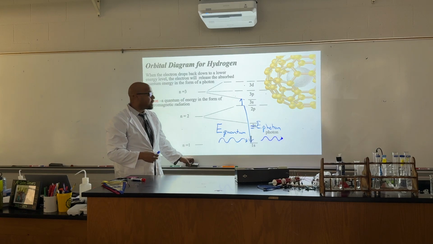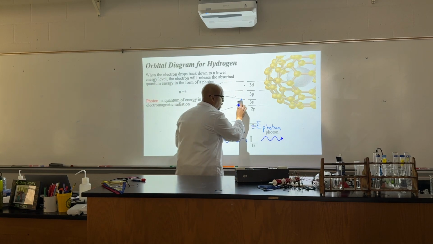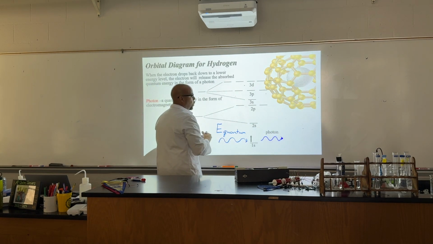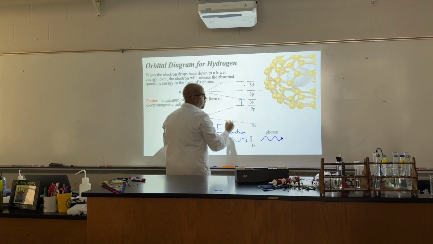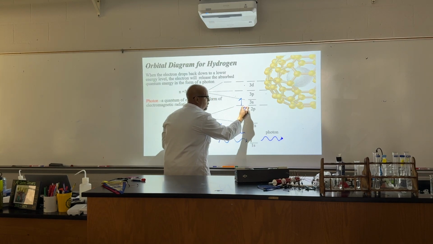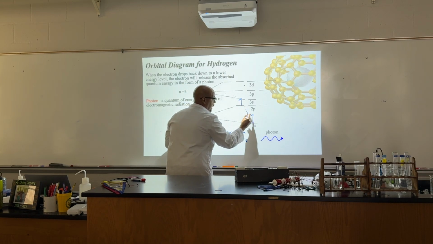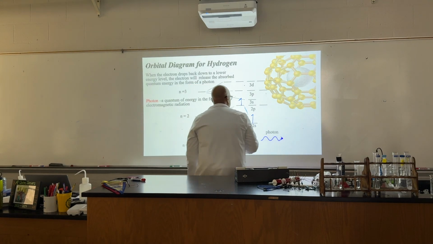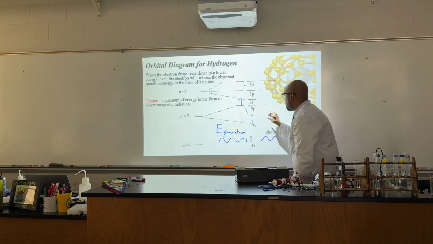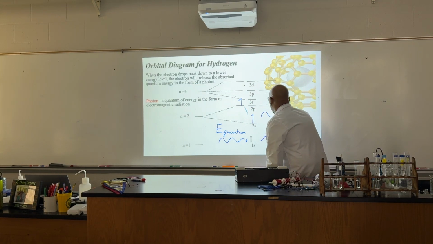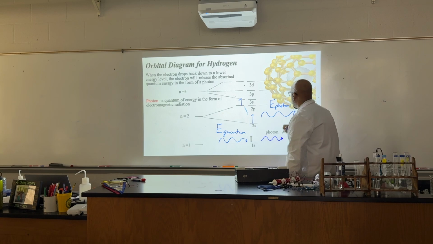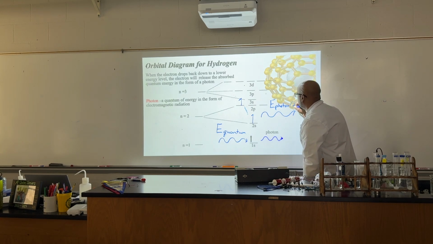But that's not the only way that it can transition itself downwards. If it wants to, it could do something like this right here. It could jump from here down here. Now, when it makes that transition here, then what has to come out is I've got to have this energy of a photon. In this case, I'm just going to put parentheses 2p going to 2s.